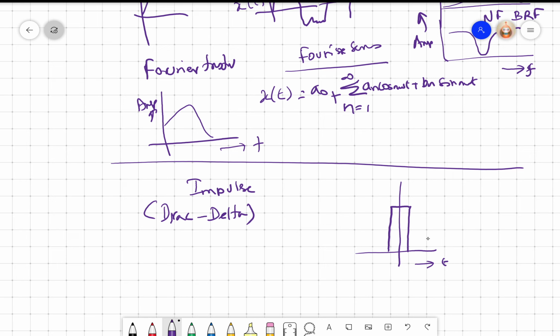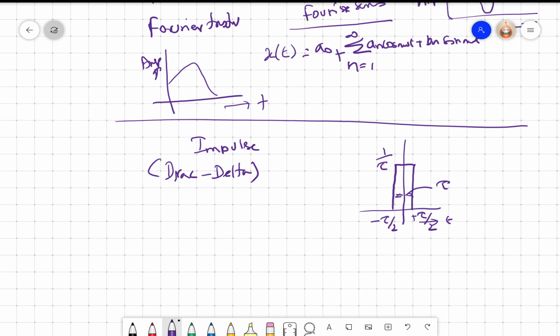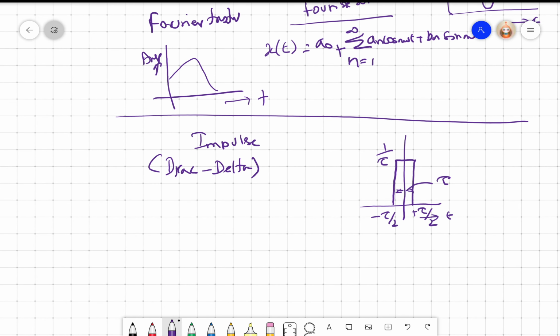Let me say this is minus tau by 2, this is plus tau by 2. So the width is minus tau by 2 to plus tau by 2, and the pulse width is tau. It can be any amplitude signal, but I am taking the peak amplitude as 1 by tau, where tau is the pulse width and 1 by tau is the amplitude.